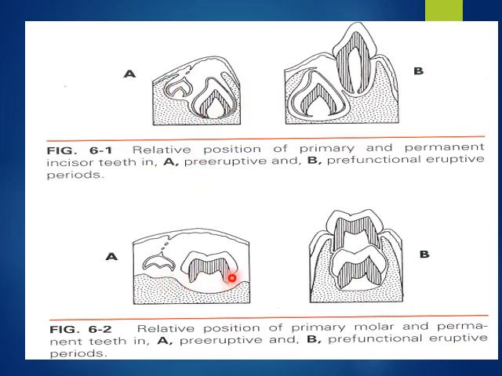For the deciduous molar and permanent premolar, the permanent premolar at the beginning is located lingual to the occlusal surface of the deciduous tooth, and when the deciduous molar erupts and begins in function, the permanent premolar is located between the two roots of this deciduous molar.